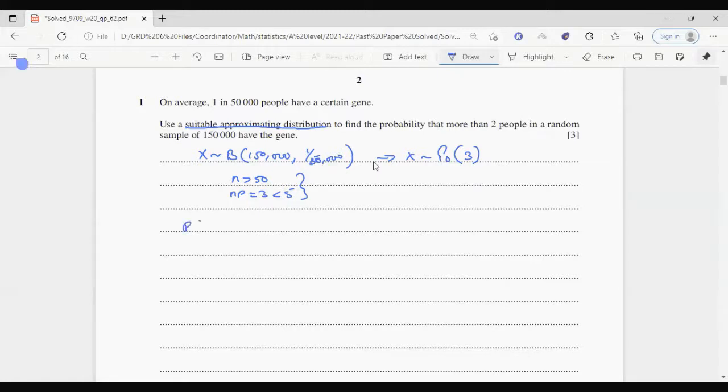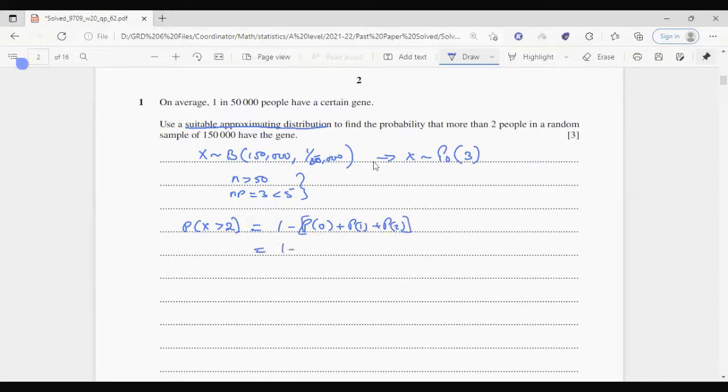Now, as we move on to the question, finding the probability of x greater than 2 will give you 1 minus probability of 0 plus probability of 1 plus probability of 2.